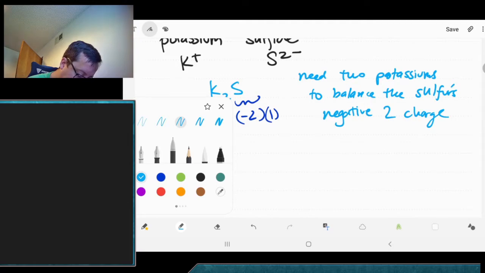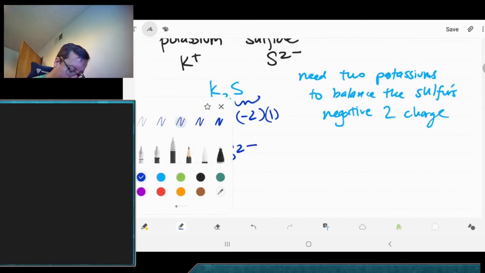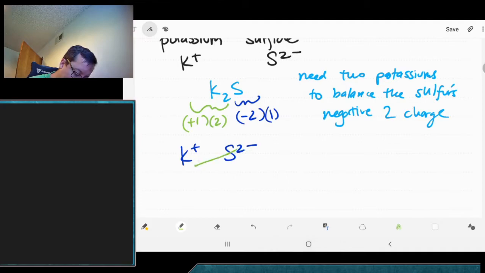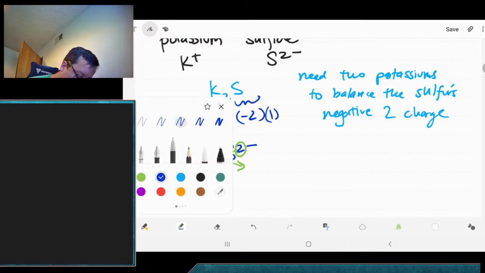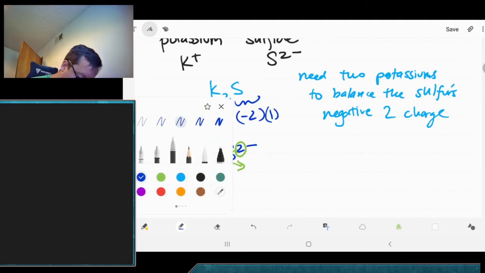There is a shortcut to this, which is nice and easy. If we have our ions, what we can do is crisscross them. Be like, aha, well, this 2 and this 1 are going to end up becoming the new subscripts. That becomes K2S. So you can take your charges and just crisscross them, turn them into subscripts for the other ion, and you'll be able to charge balance your compound.